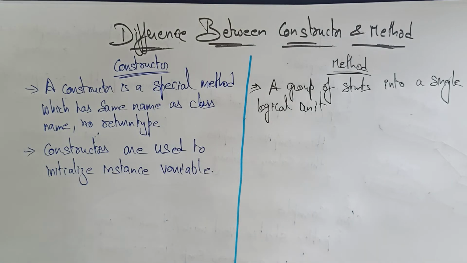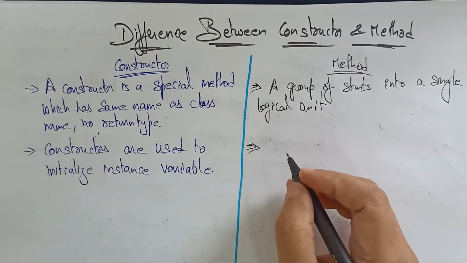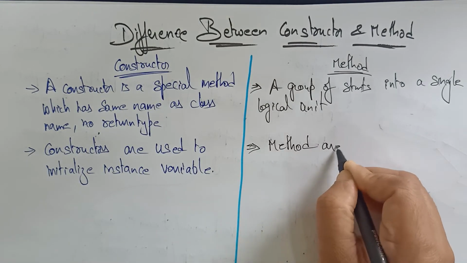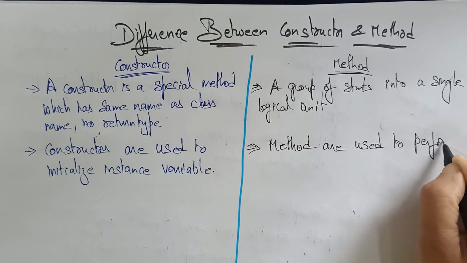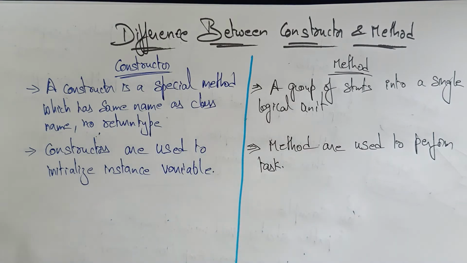When the application requires more than one object, we go for the constructor. If you want to initialize those instance variables, better to use constructors. Whereas methods are used to perform tasks only, an operation to perform any task.